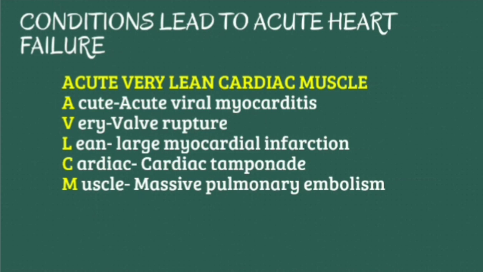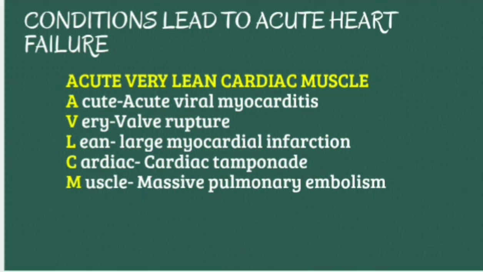If the valve gets ruptured, it can affect the one directional flow of blood, right? L stands for large myocardial infarction, which occurs when blood flow decreases or stops to a part of the heart, causing damage to the heart muscle. And C stands for cardiac tamponade, also known as pericardial tamponade, which is when there is a fluid buildup in the pericardium resulting in the compression of the heart.